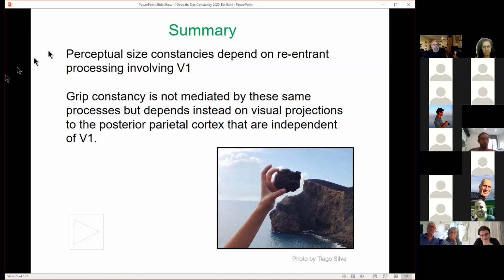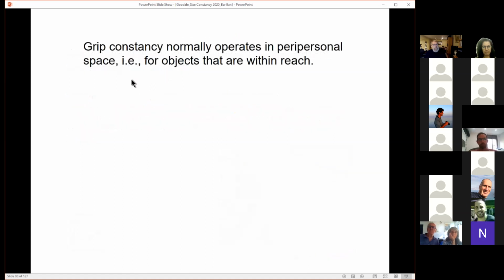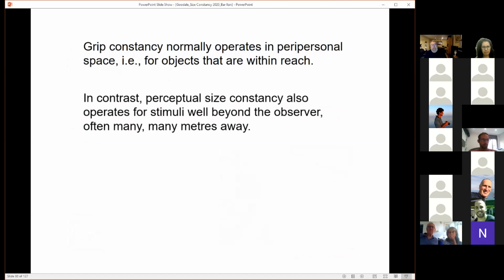So I want to raise another point, however, and this is that there's a big difference between size constancy for perception and size constancy for grasping, in that grip constancy normally operates in peripersonal space, where you can reach. Whereas in contrast, perceptual size constancy extends many, many meters out into the world.